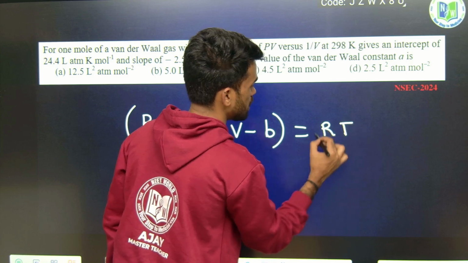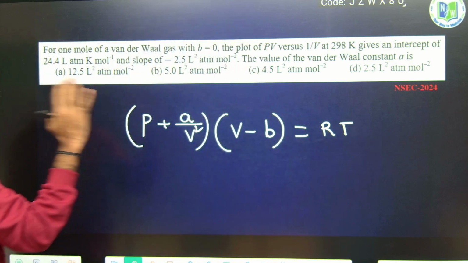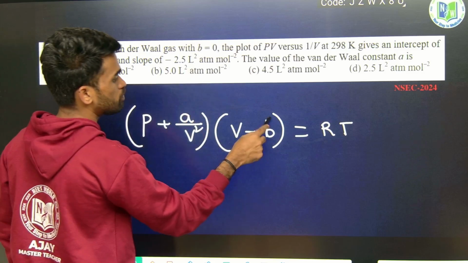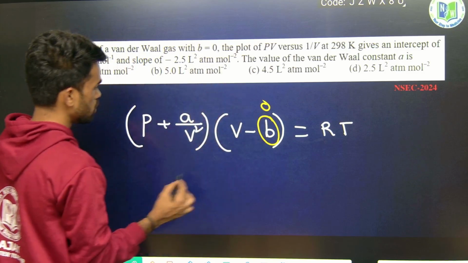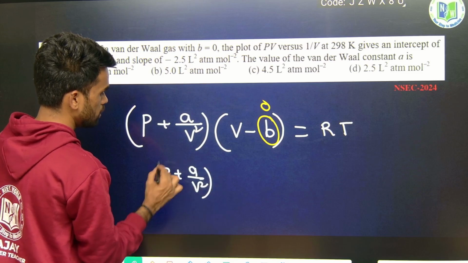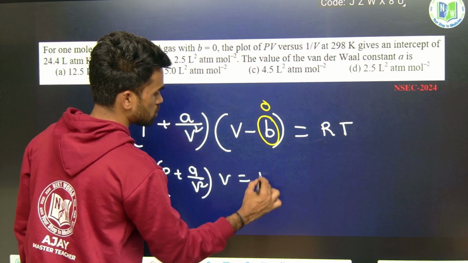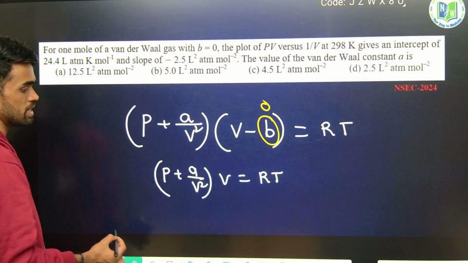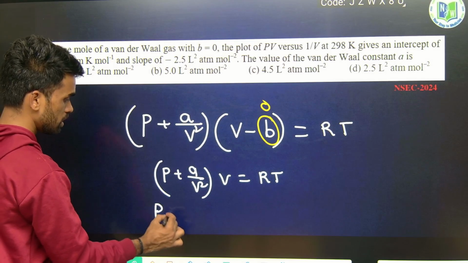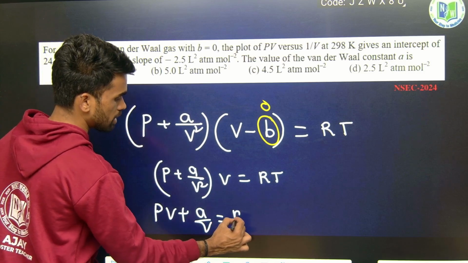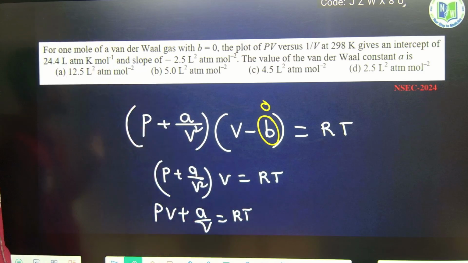If it is n moles it is nRT, but for 1 mole you can take it like this. Now they are saying the value of B is 0, so you can write P plus A by V square into V equals RT. Multiply this V inside so that you get PV plus A by V equals RT. Up to here it is clear, I hope.